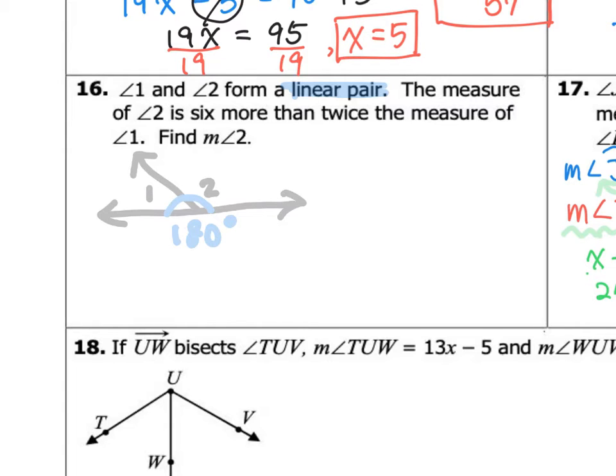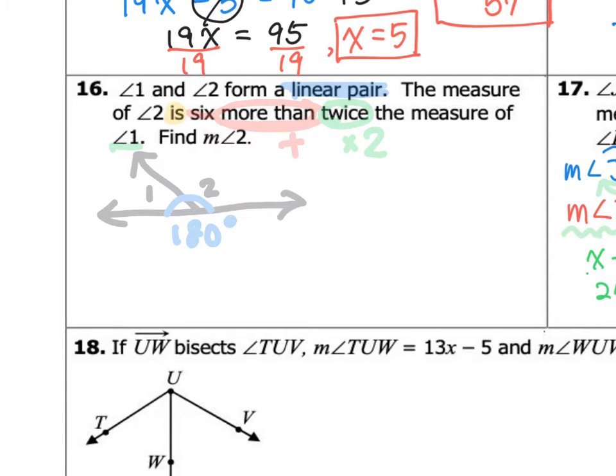The measure of angle 2 is, oh, this is an important clue, 6 more than, which means addition, right? And twice, that's another important clue, twice means multiply by 2, the measure of angle 1. So they wrote out the relationship between 2 and 1. We just need to write it as an equation. So is always means what?